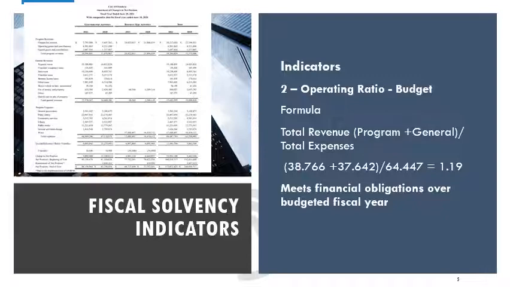In this case it is $37.766 million plus $37.642 million divided by $64.447 million, which gives you an overall ratio of 1.19. This means that the city is able to meet its eligible obligations for the budgeted fiscal year.